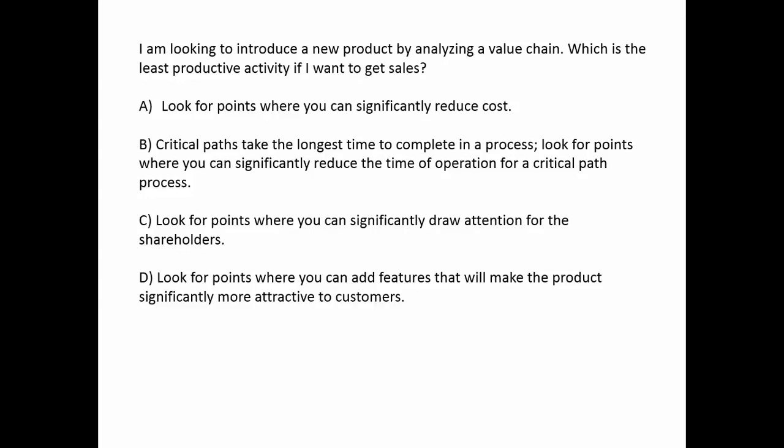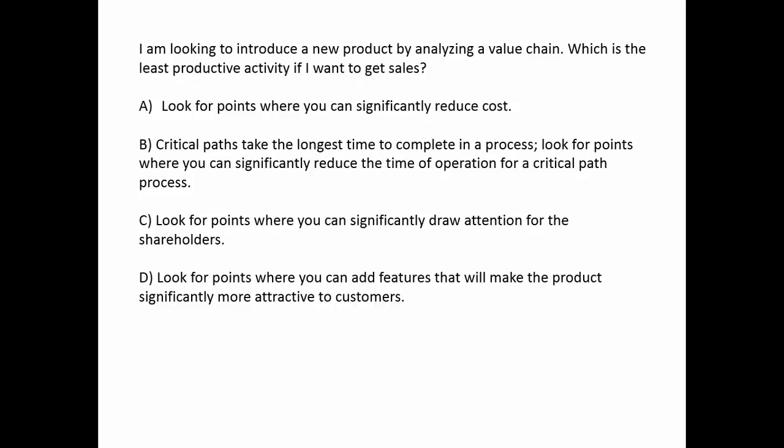No, not really, because shareholders aren't customers. The thing about the first two is significantly reducing cost means maybe I can bring my price down, and so that could attract a customer. Critical paths, maybe I can get my product out more quickly to customers. And D is look for points where you can have features that will make the product significantly more attractive to customers.